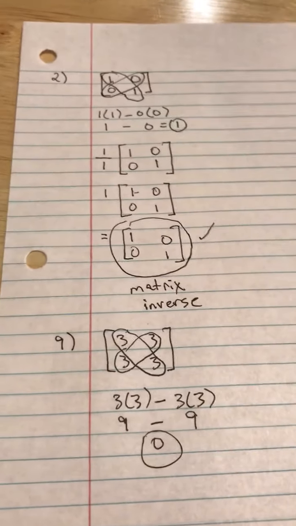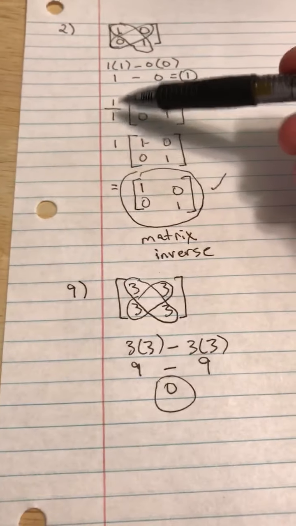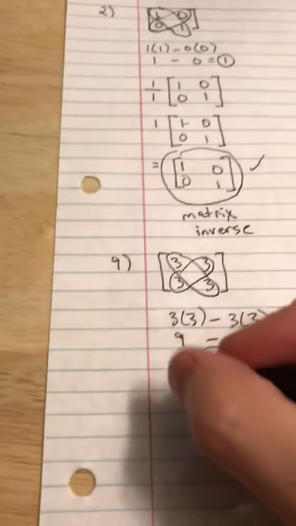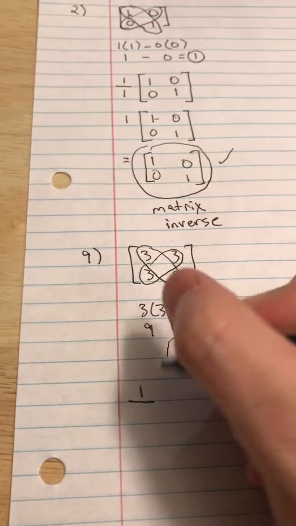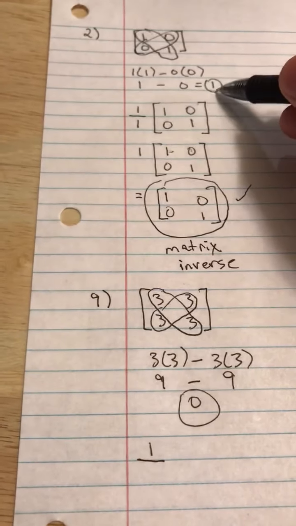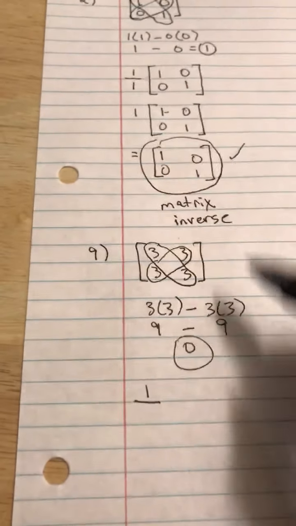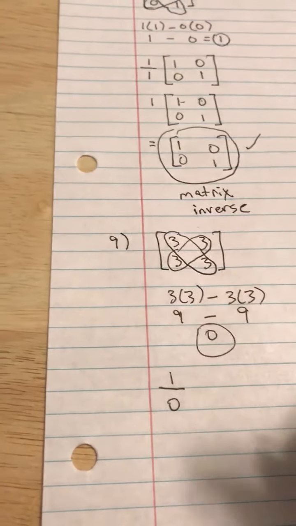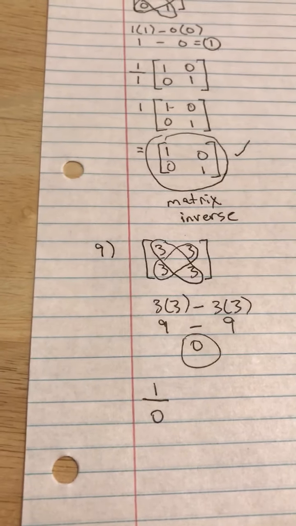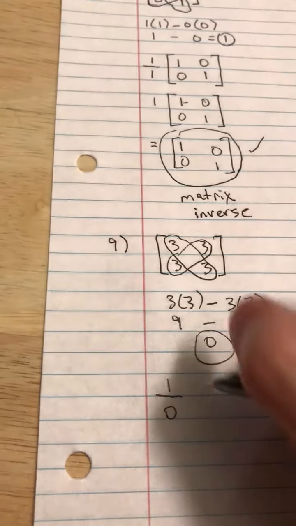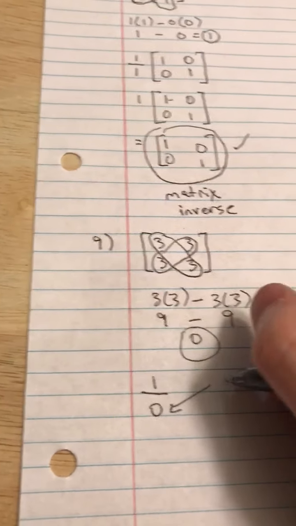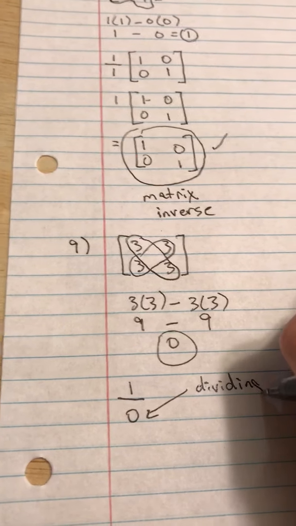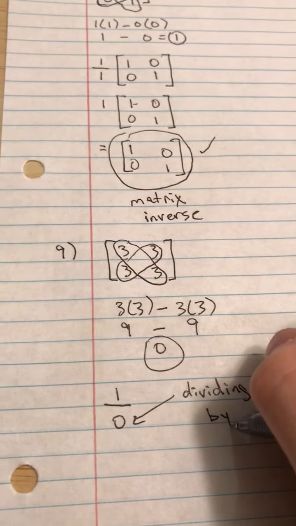So now what we've got to do is make a fraction just like we did last time. A 1 is always going to be at the top. And the answer that we got is always going to be at the bottom of the fraction. So since we got a 0, we've got to put 0 at the bottom. Uh-oh. Do you see the problem? We are dividing by 0.